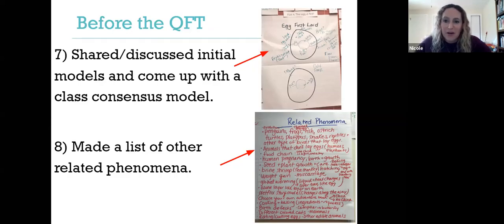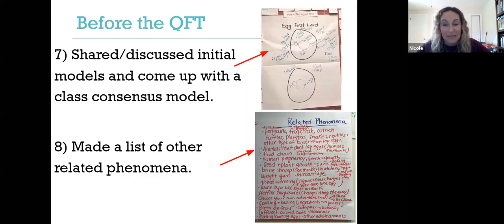Another really big important piece here is that we made a list of related phenomena, because I don't want the students' questions for the QFT to just be about chickens and eggs. Of course, we know that the NGSS standards are beyond that and more general than that. So we want to make sure that students are learning other things too and asking about other things too. You can see on the right the related phenomena that kids came up with, lots of other related phenomena, including human things too.